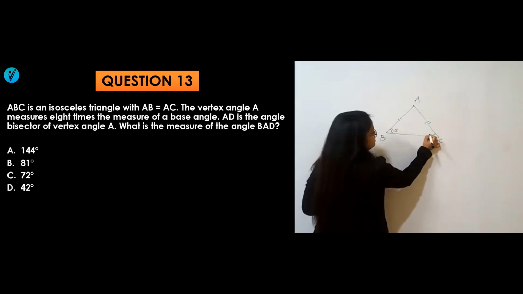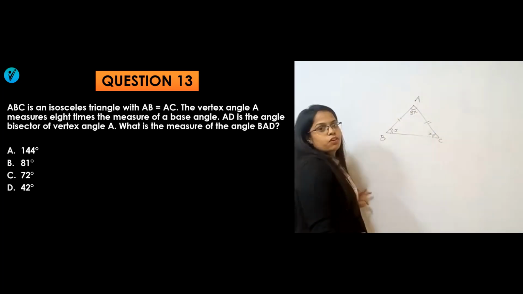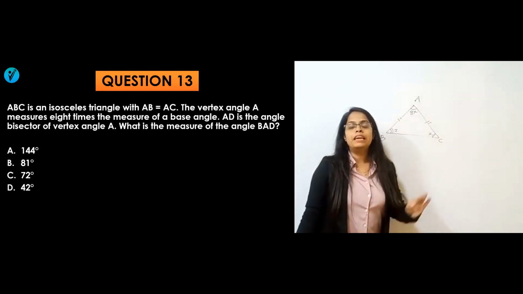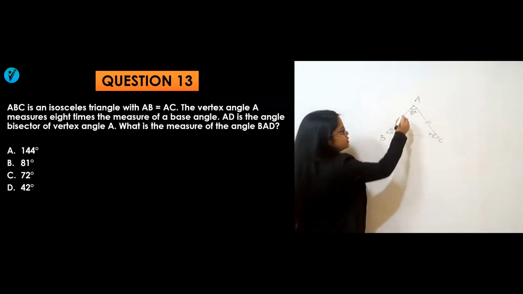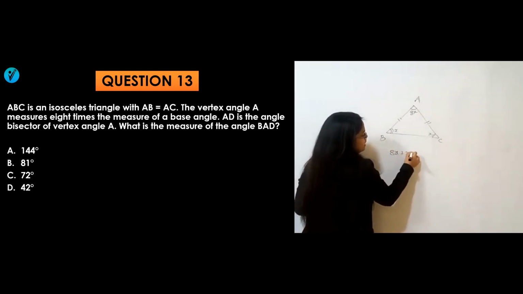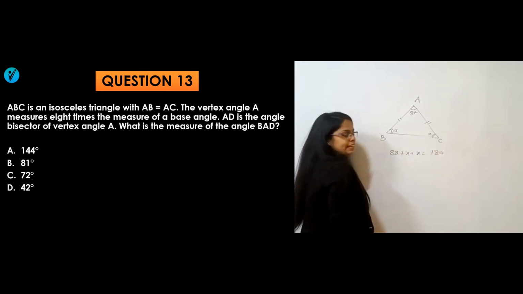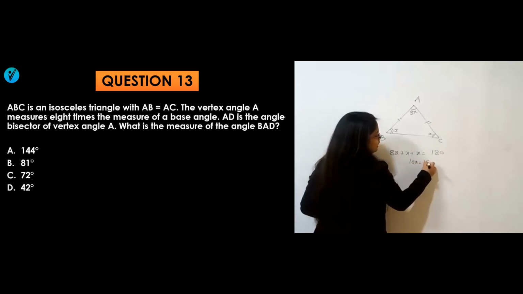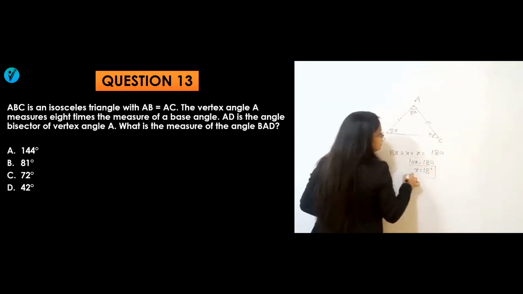So if this is x and this is x, this will be 8x. What do I know is the sum of the angles of a triangle? That is equal to 180. So 8x plus x plus x is 180, that is 10x equals 180. That means you can say the value of x is equal to 18 degrees.